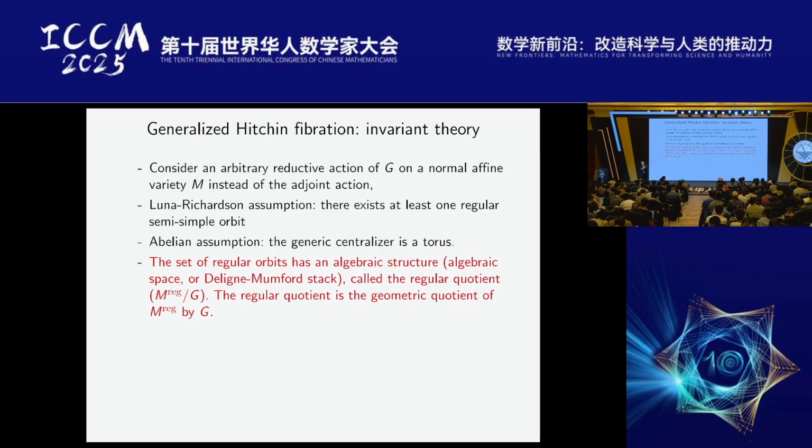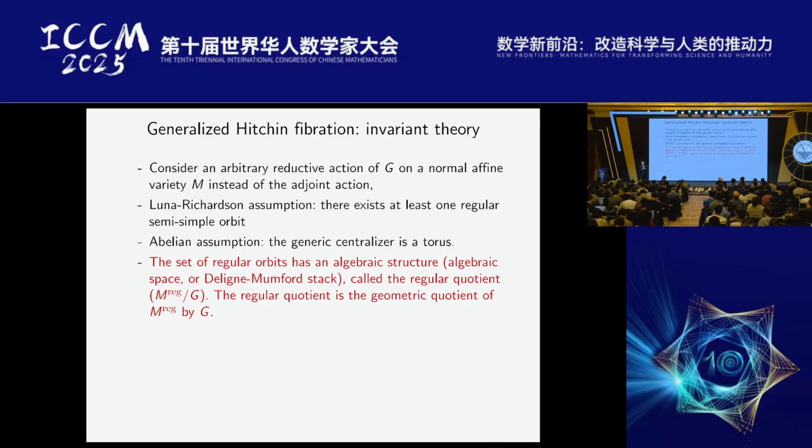So the whole point is what this map looks like. In the case of the adjoint quotient, it just happens to be an isomorphism, because for every closed orbit, there is exactly one regular orbit. For 0, you have the regular nilpotent orbit. But in general, it's not true at all.